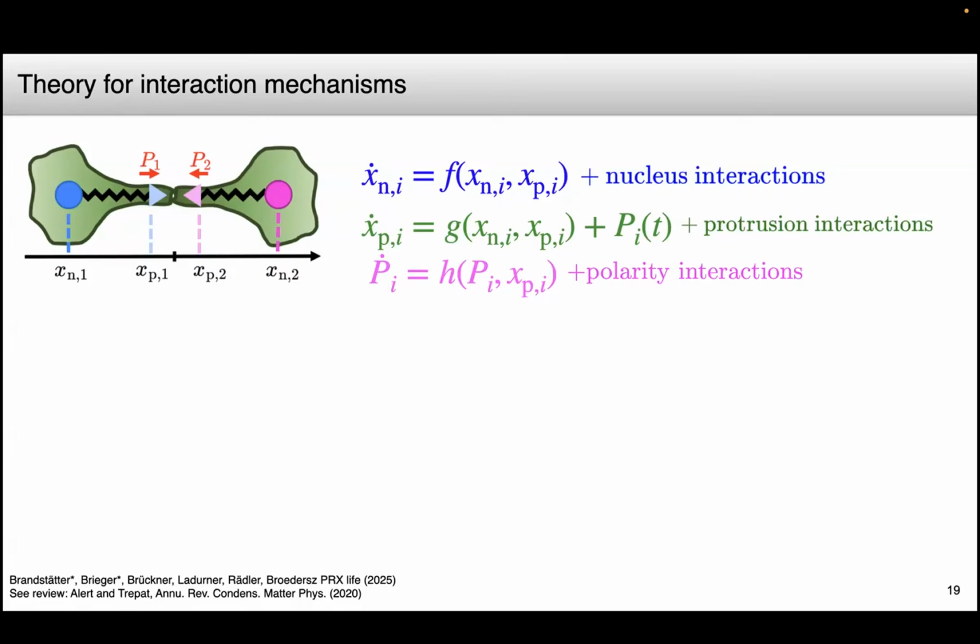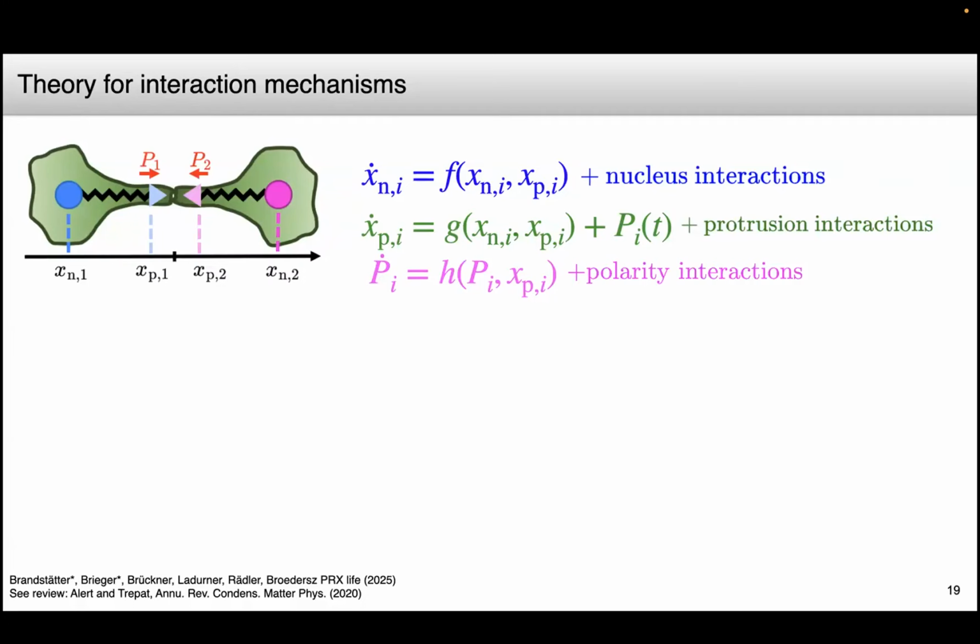So we use the phenomenological approach here, where we just said, well, we have all these degrees of freedom. Let's just couple them together in all kinds of different ways. We can use symmetries to rule out many, many possibilities. And we can only consider leading order contributions to keep the model simple.